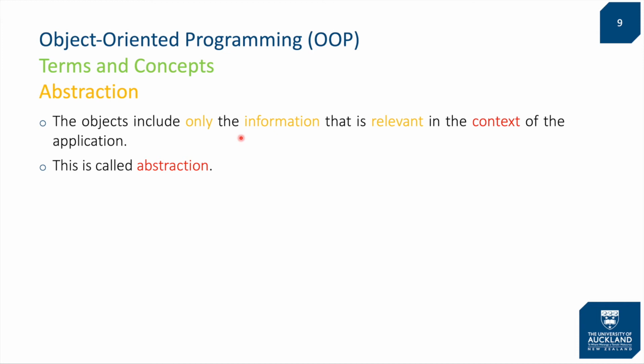So with abstraction, when we declare the classes, when we want to design the object templates, we only include the information that is relevant to the context of the application and ignore any functionality of the object that is irrelevant to that application.